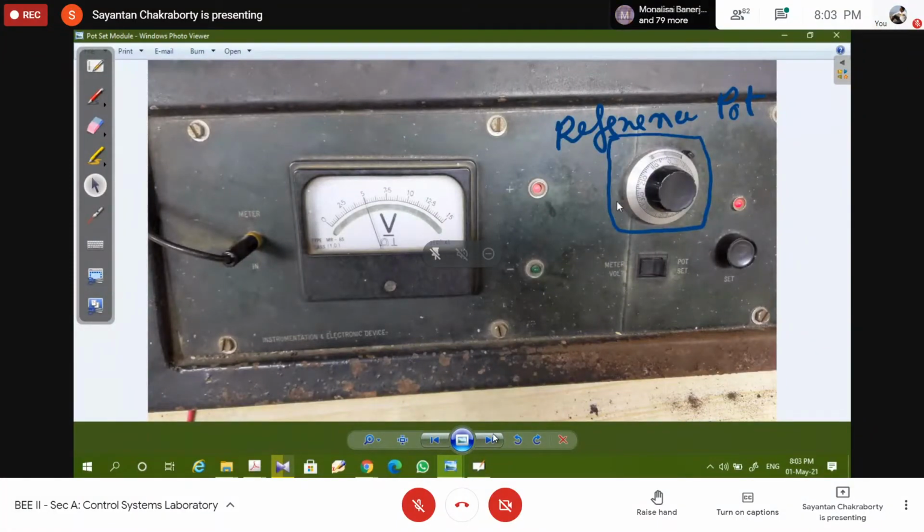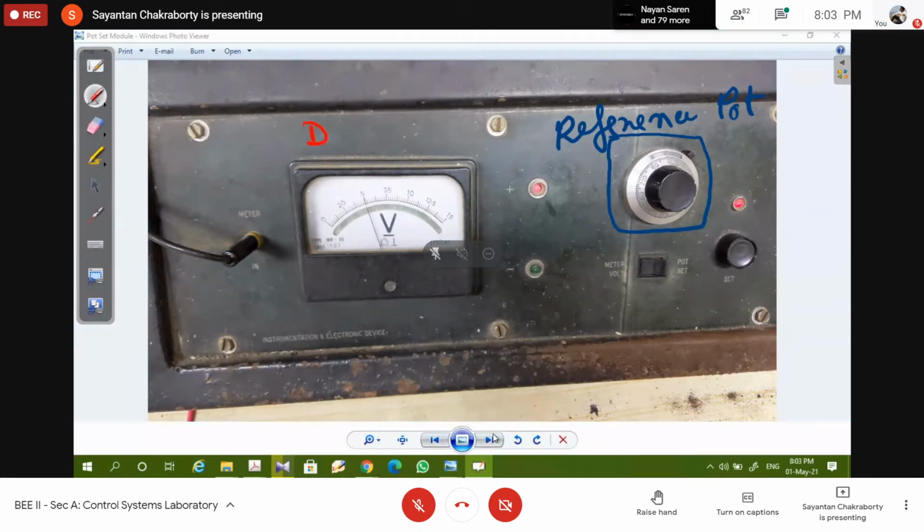Now, there is another mechanism over here, which enables you to view the value. There is a meter over here. Now, this meter is basically a dual mode meter. Why am I calling this dual mode? See, this is a toggle switch. One is meter volt. When you put this toggle switch in the meter volt position, there is an input to the meter.